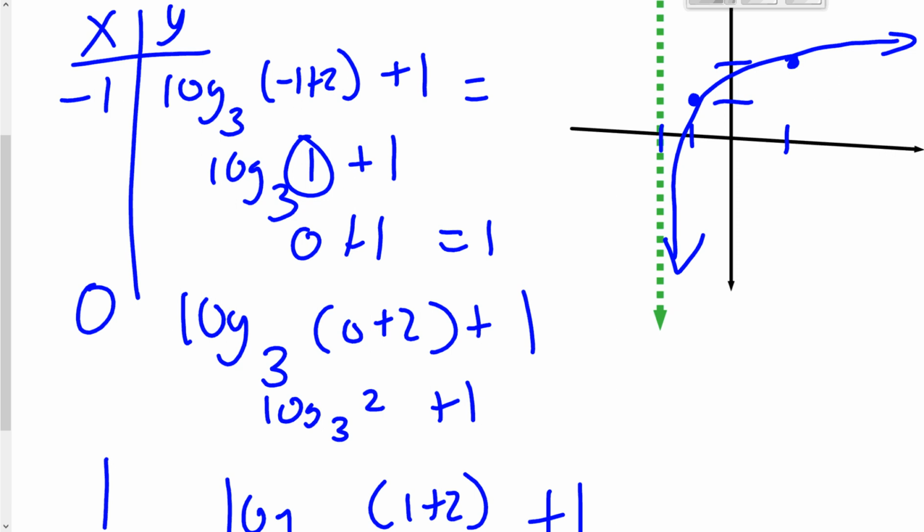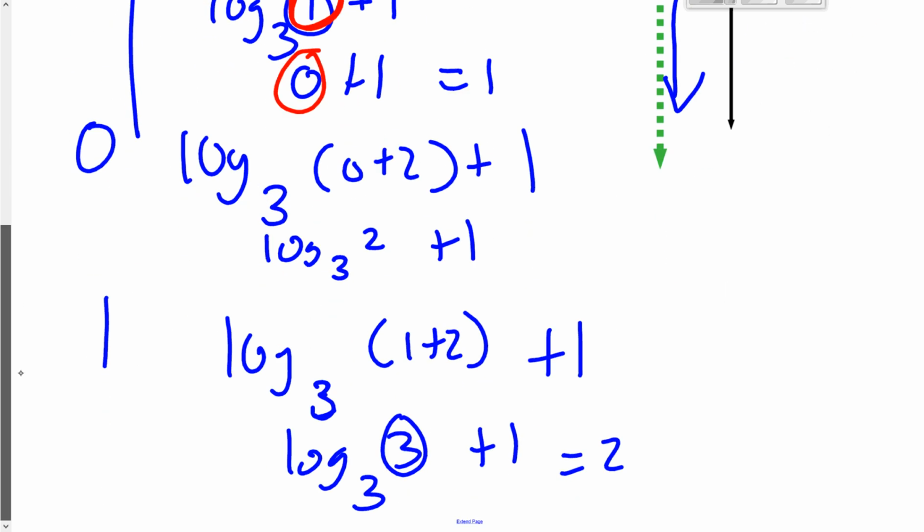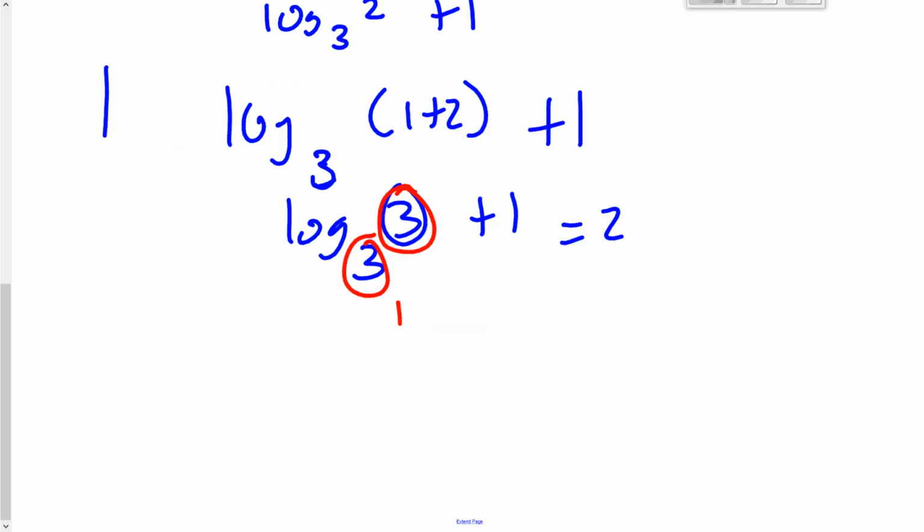Notice, what number did I circle here? 1. So it's nice when I have the log with any base of 1, right? Because that's always going to be the answer of 0. So you can think about, what should I plug in for x that gives me 1 for what I'm taking the log of? And another thing is, I always want the base to be the same as what I'm taking the log of, because that answer is always 1.